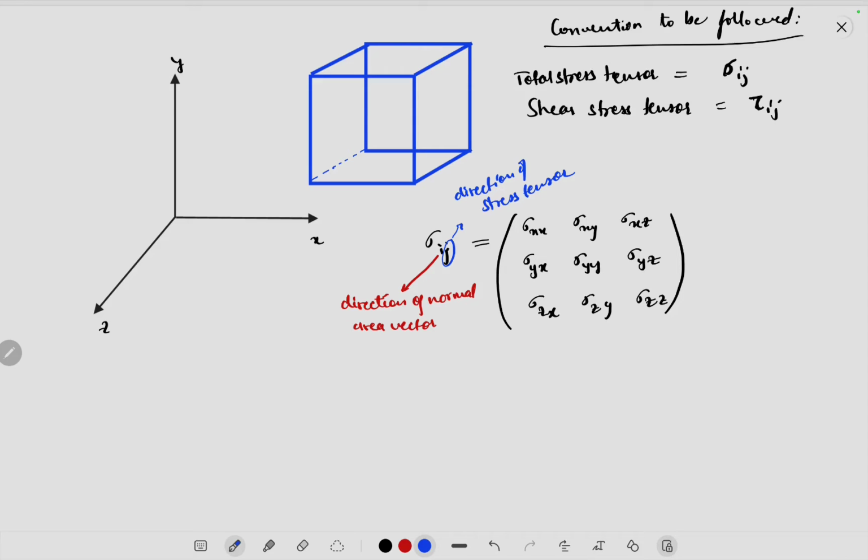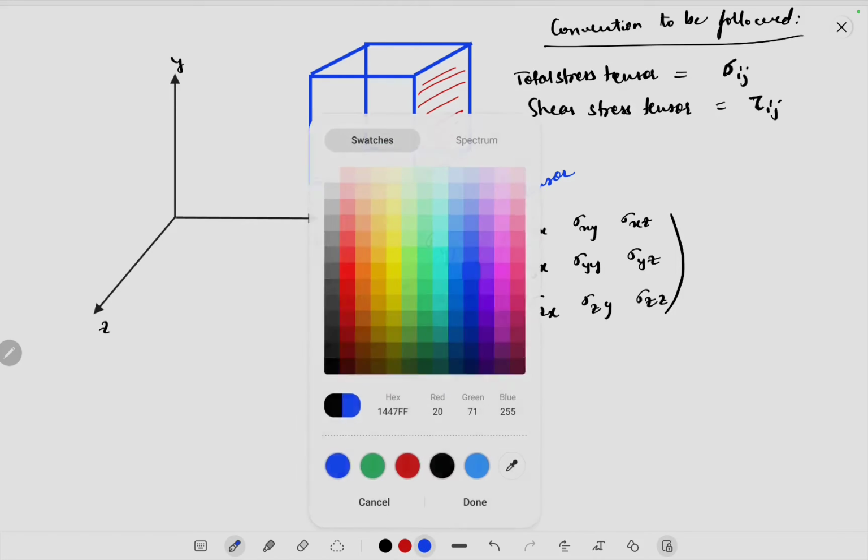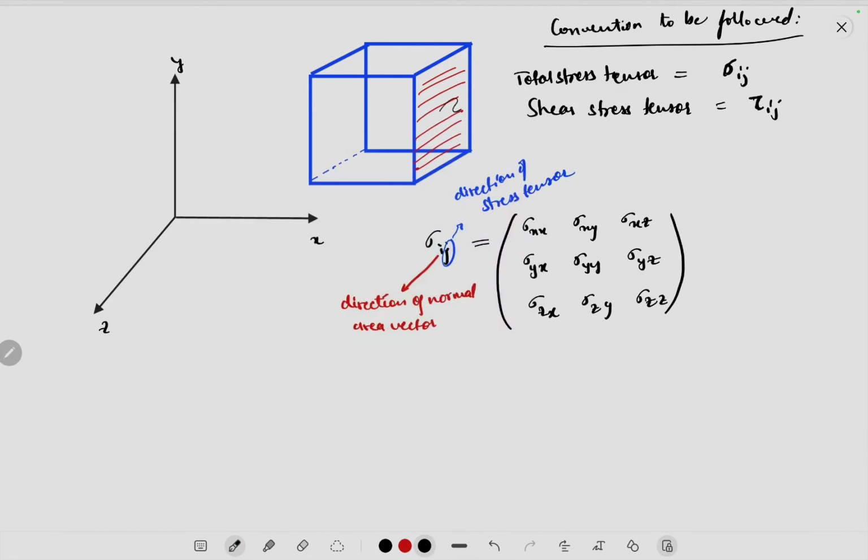Now let's try to understand the direction of this stress tensor by considering the different faces of this cube. Let's consider first this face of the cube. What will be the component of the stress tensor on this face?